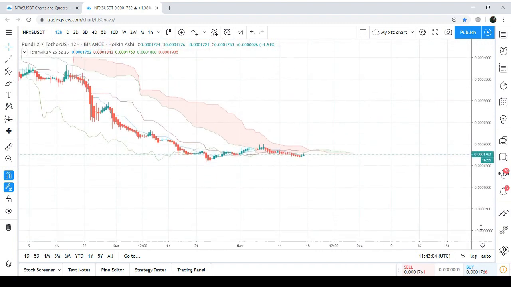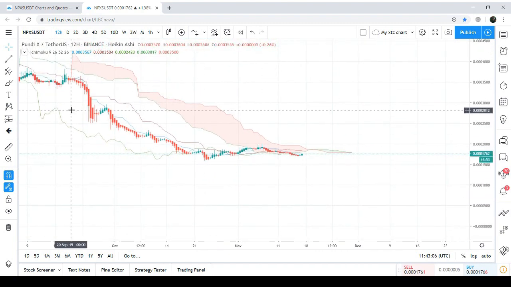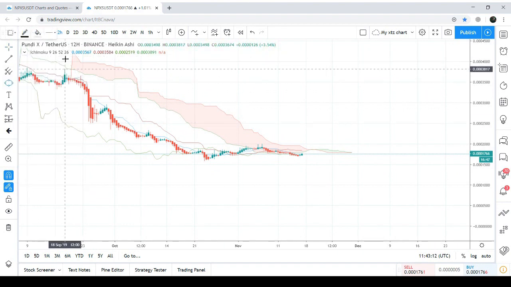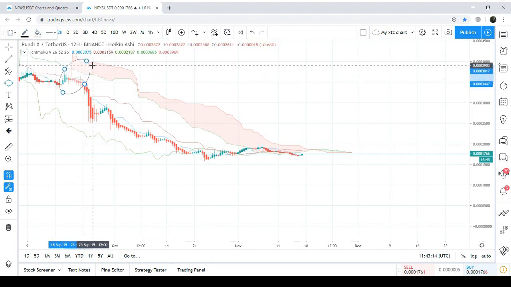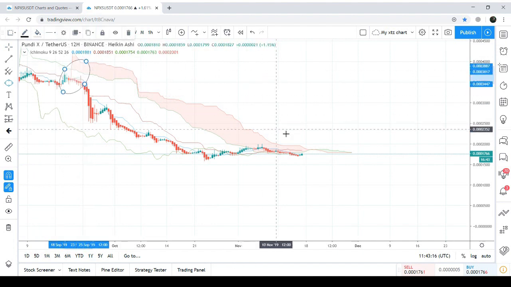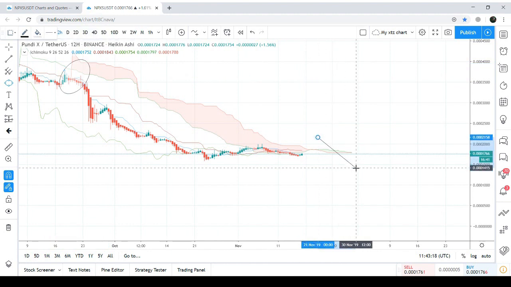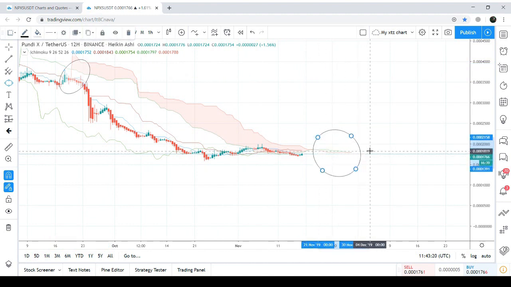First, it turned bearish in the month of September 2019. Here we can see the cloud turned strong bearish. And now the cloud has turned bullish. That is another indication that we can have a very strong bull rally in the future very soon.